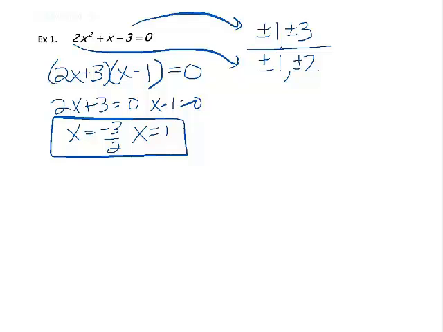Sure, because negative 3/2 is using the negative 3 over the positive 2. 1 is using the positive 1 over the positive 1, or I guess you could say it's using the negative 1 over the negative 1. So if I wanted to first come up with the possible roots that this gives me, I could then test out and see which of those are actual roots. In this situation, that wouldn't really be helpful.